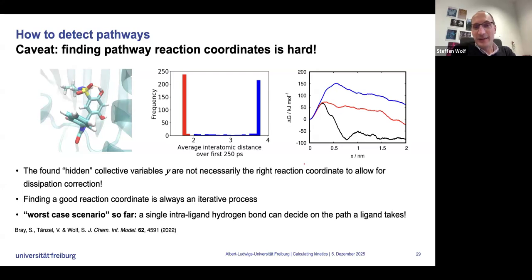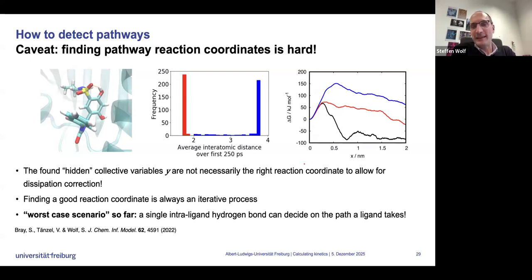It turned out the reason why this was the case is that the compound with the sulfonamide is forming a hydrogen bond within the compound itself. And this hydrogen bond can break upon contact with surrounding water or not. In case it breaks, then it is behaving differently during unbinding than when it's not breaking.